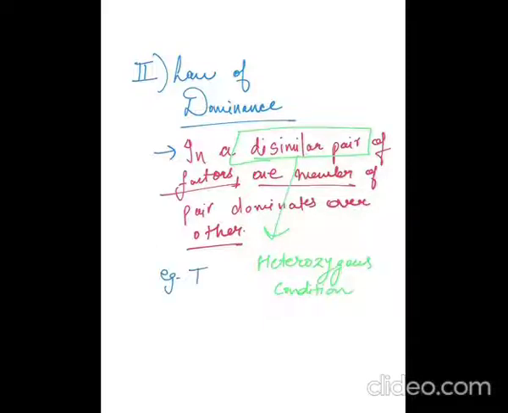Example Tt. Okay, capital T and small t. The result will be tall. Here, capital T factor is dominating over small t, or we can say that it suppresses the small t factor, and as a result, there will be tall phenotype.